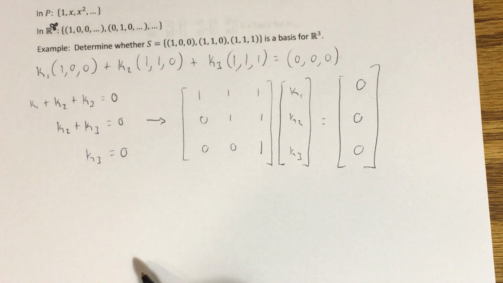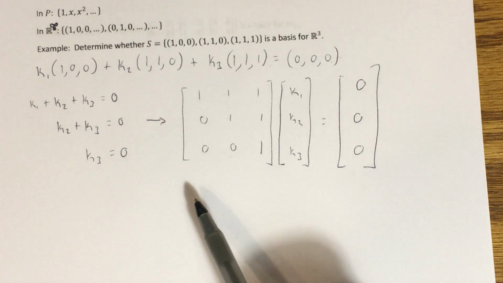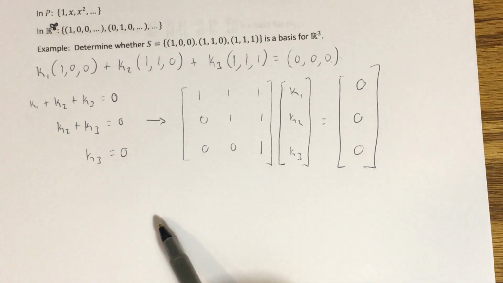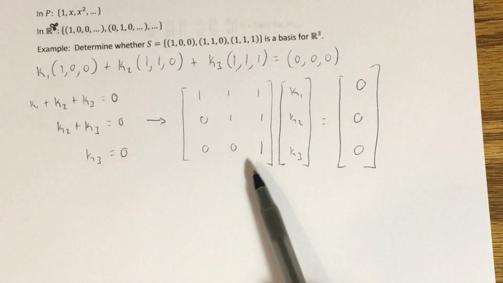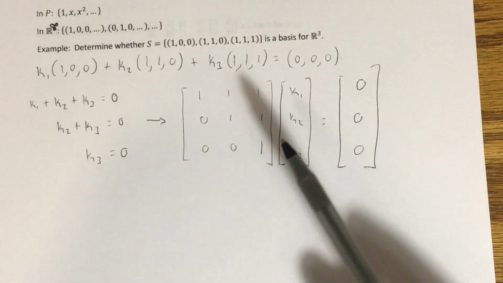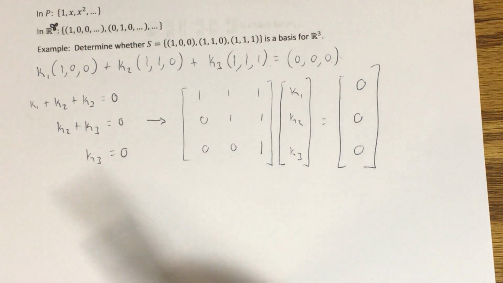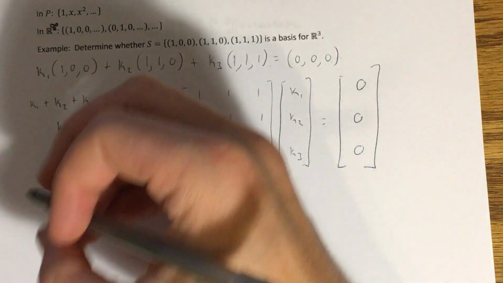Right away I can tell you yes it is, because we oftentimes check for invertibility by taking a determinant, but the determinant of this thing would be 1. And I know that because this coefficient matrix is upper triangular. And we've seen that when you take the determinant of any triangular matrix, you just multiply the main diagonal entries, 1 times 1 times 1. So the determinant of this is non-zero, which means we have linear independence.